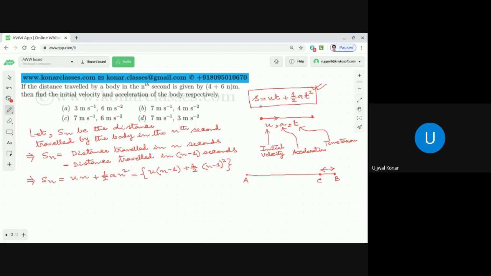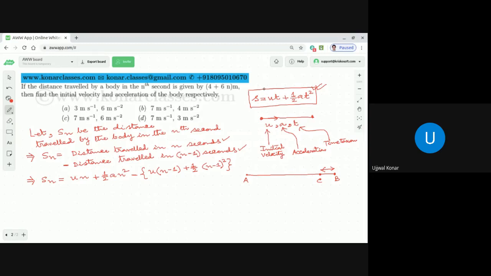Okay, thanks for asking this question, I really appreciate that. So this part you understood? That Sn is equal to distance traveled in n seconds minus distance traveled in n minus 1 seconds. Now, what is the distance traveled in n seconds?